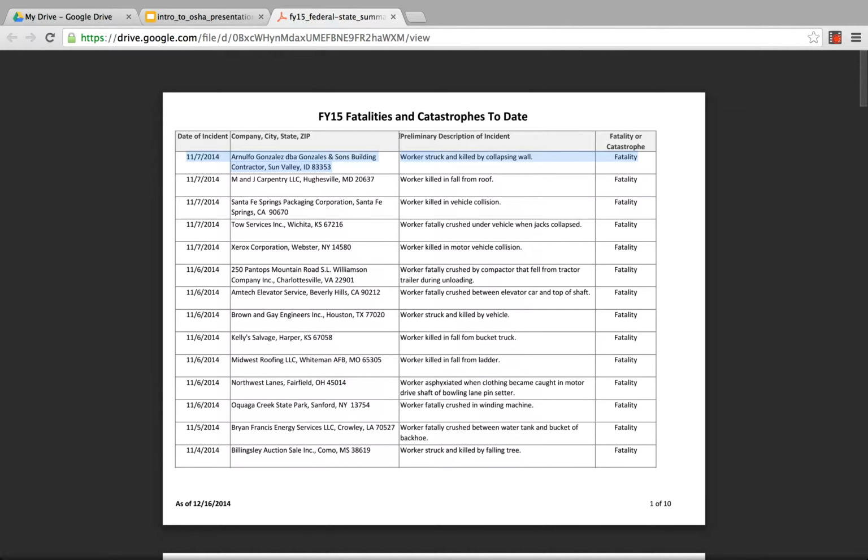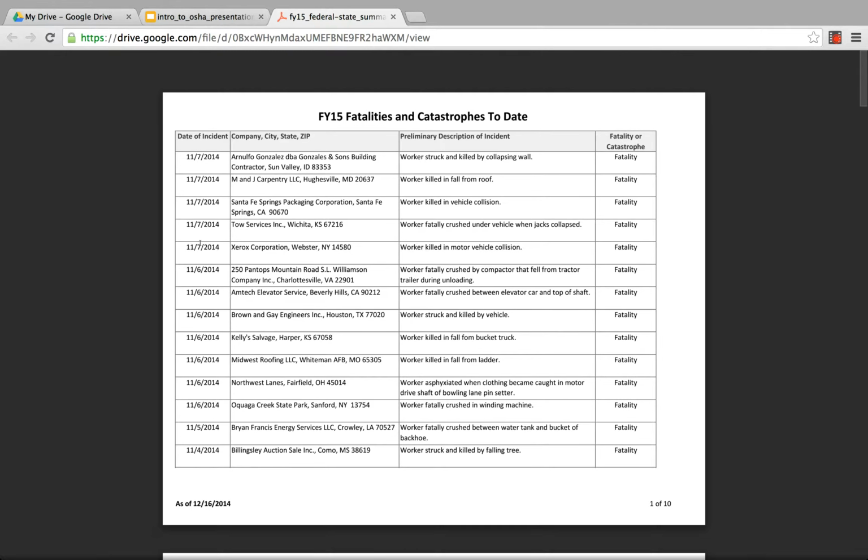This column header gives you the description of the incident. This tells you the company, the state, and the zip where the company is located. And this tells you the day that it happened. So on the 7th here, we've got 5 different fatalities in the United States, all workers working at their job.